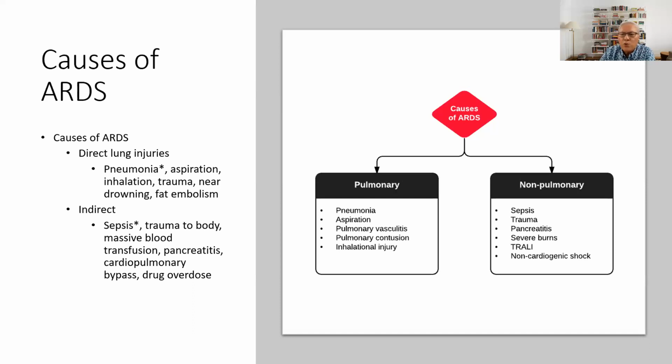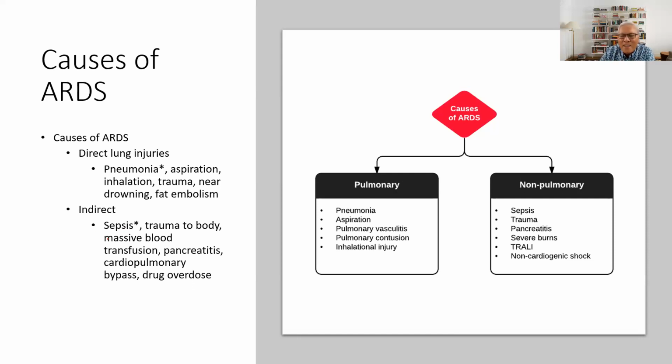And then, of course, we have the indirect lung injuries that cause ARDS. An example of that might be sepsis. That's number one, or severe trauma to the body. Massive blood transfusions, for example, and pancreatitis are all things that occur on the outside, yet they involve the lungs in the long run.